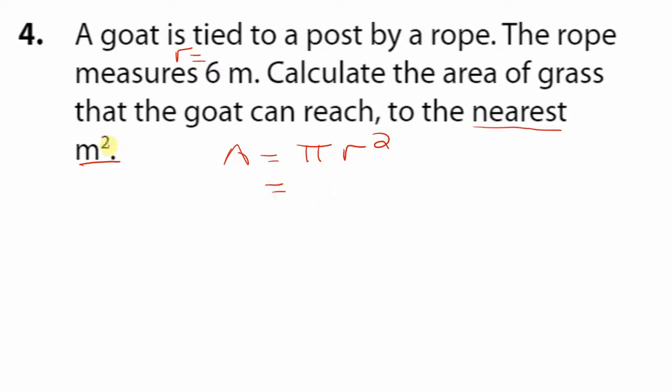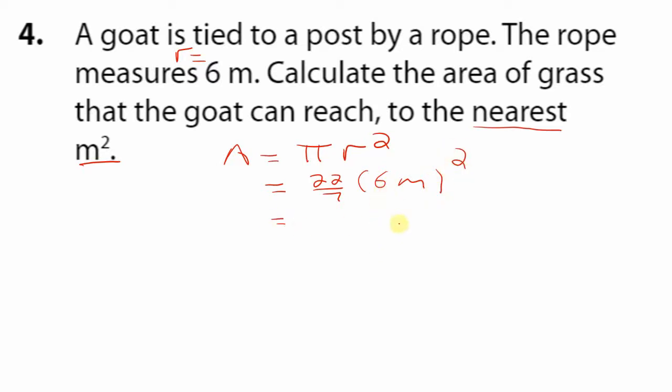We want to the nearest meter, so it's approximation, so we won't just leave the answer in pi form, the most accurate form. We will rather replace it. Let's replace it by 22/7. You could also use 3,14, 3,142. Radius is 6 meter. We have to square.